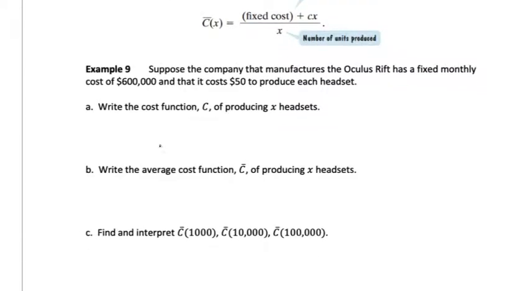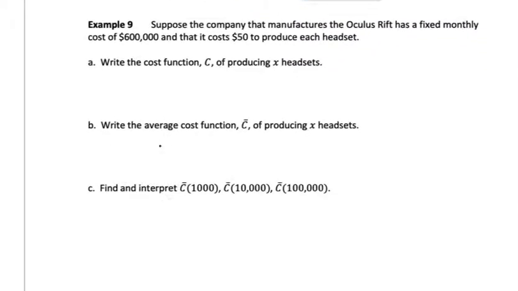So example 9 from the textbook. Suppose the company that manufactures the Oculus Rift has a fixed monthly cost of $600,000 and that it costs $50 to produce each headset. Write the cost function of producing x headsets. So this should be familiar to you by now. We're adding the fixed cost of $600,000 plus $50 per headset times x headsets.